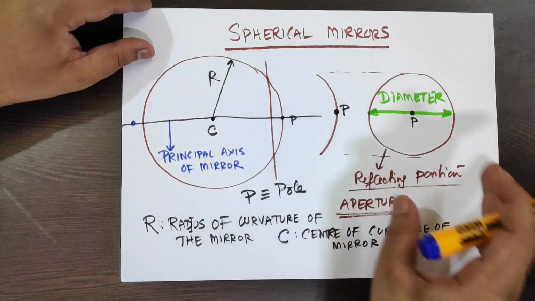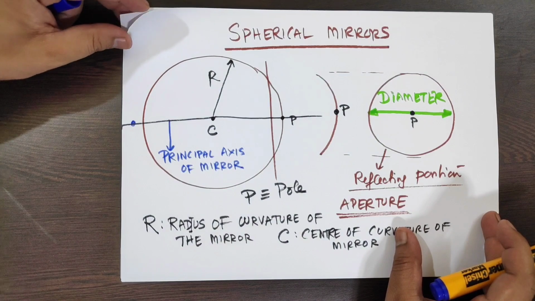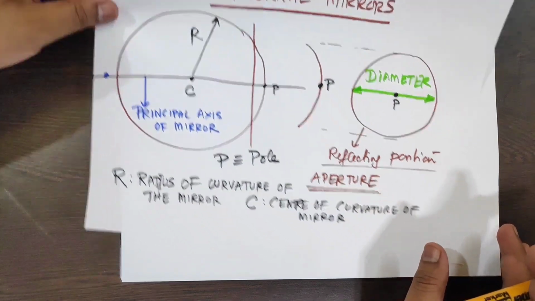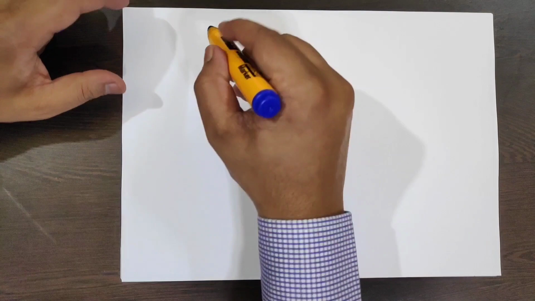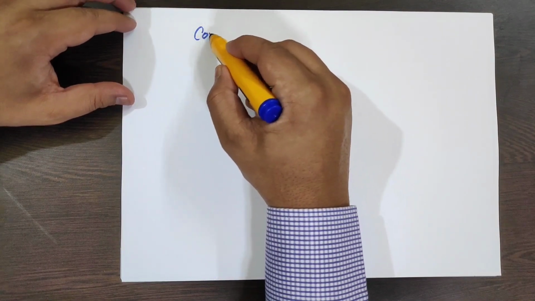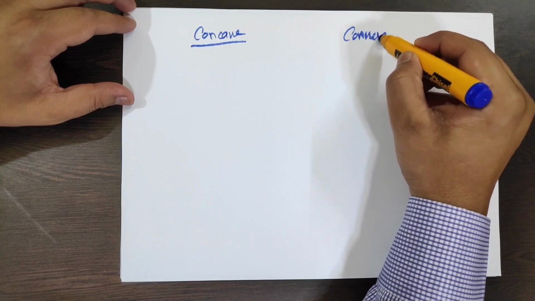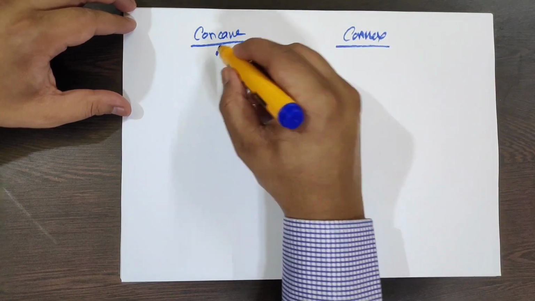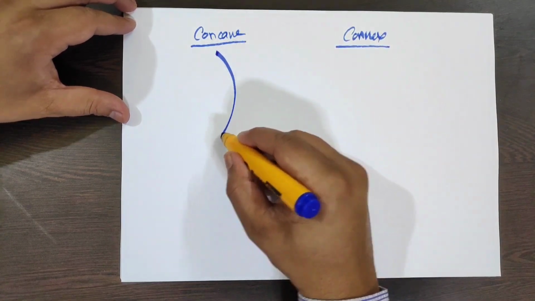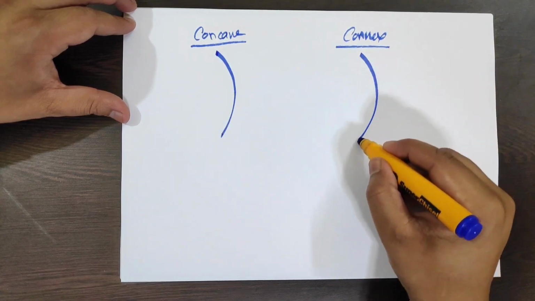Okay, so there are basically two types of spherical mirrors. One is the concave mirror, another one is the convex mirror. In the concave mirror, say this is a part of the surface of the sphere.